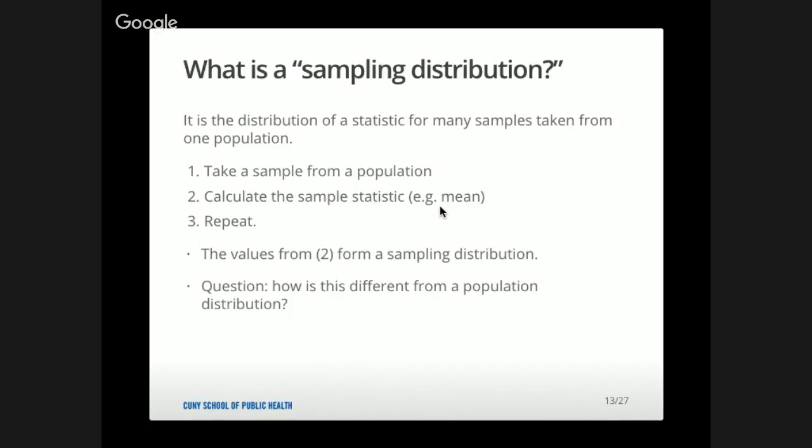We're talking not about a distribution of individuals, we're talking about a distribution of sample statistics. So how is that different from a population distribution? It's different in a couple of ways. Any suggestions?